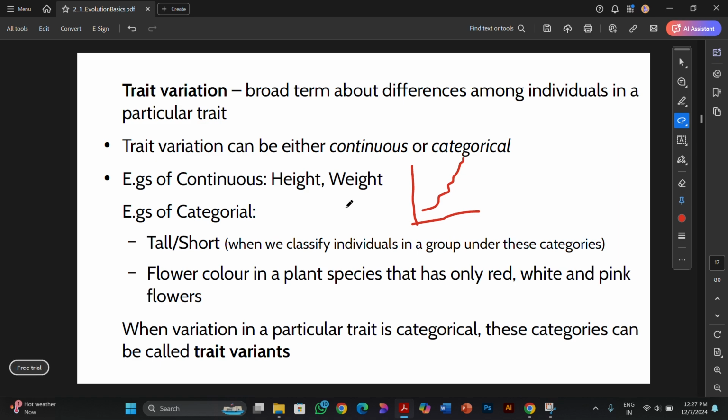But if it is categorical, then the graph will be like this. Like tall or short, that is categorical. Then flower color in plant species, that has only red, white or pink, that also can be categorical. When variation in a particular trait is categorical, we can call them trait variants.